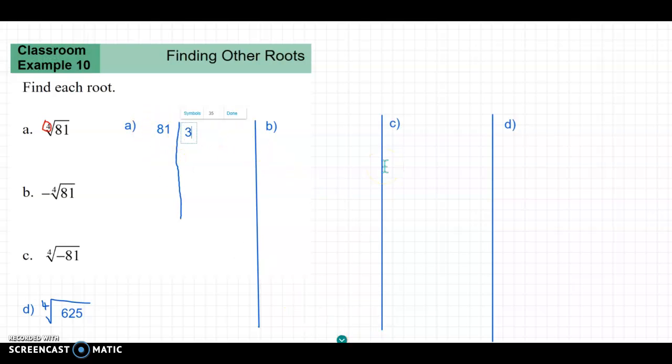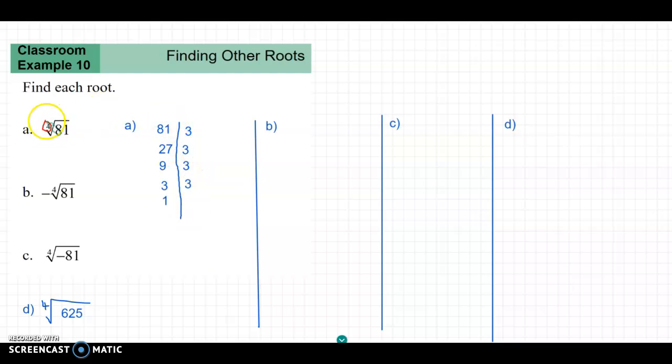Of course, it's possible. 81 divided by 3 is 27. Again, 27 can be divided by 3, which is 9. 9 can also be divided by 3, which is 3. And finally, 3 divided by 3 is 1. So these are the factors that we have for 81.